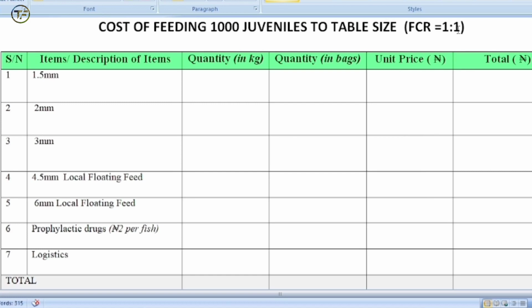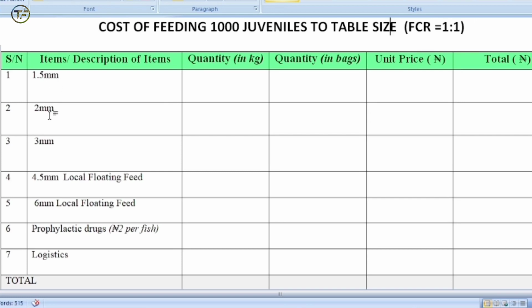As you can see my outlay here, I already have the items and the description of the items, and then we have here the quantity in kg, the quantity in bags, the unit price per bag or per kg, and then the total cost. And then also here I have the feed sizes.